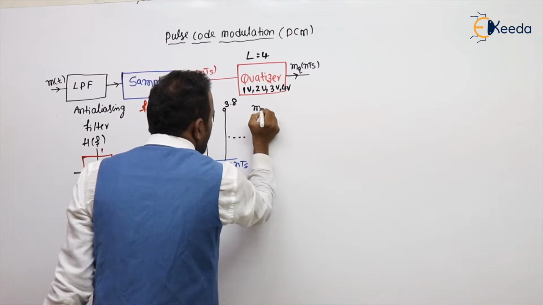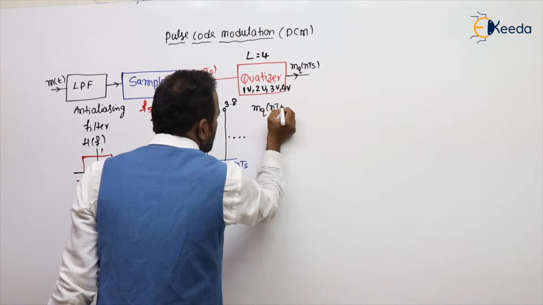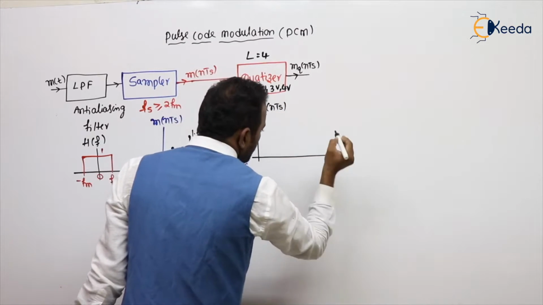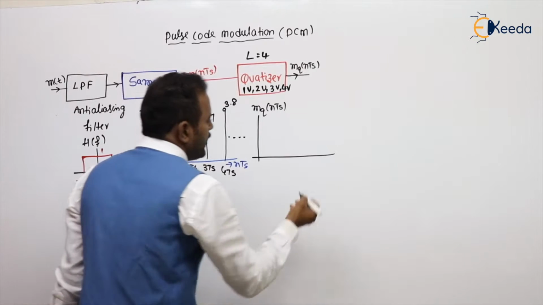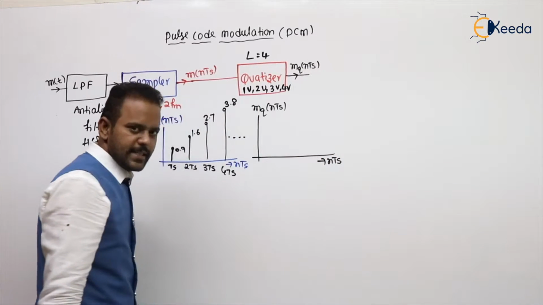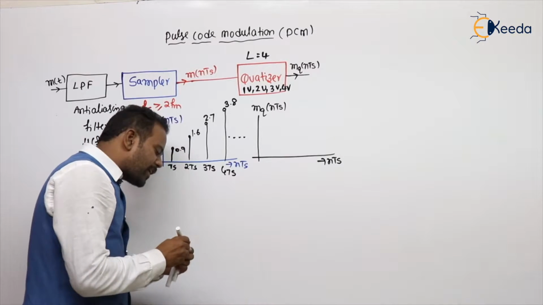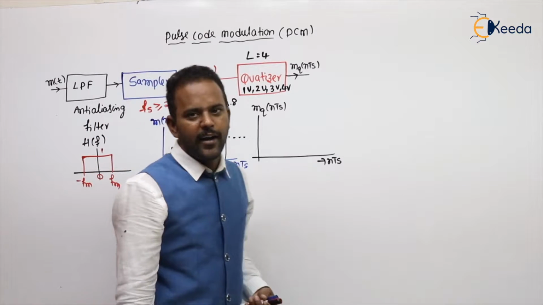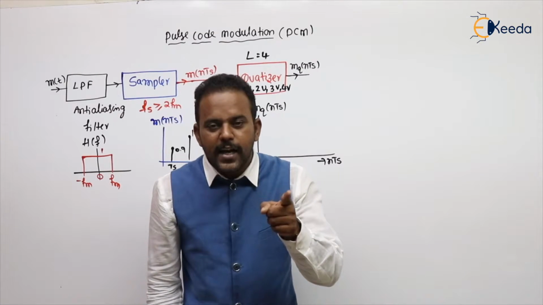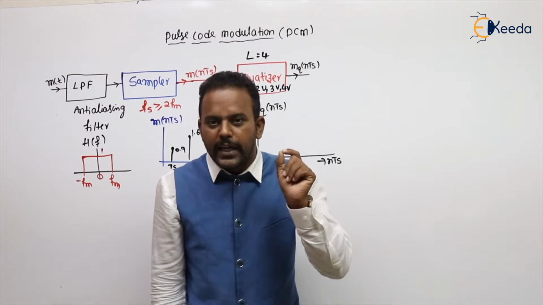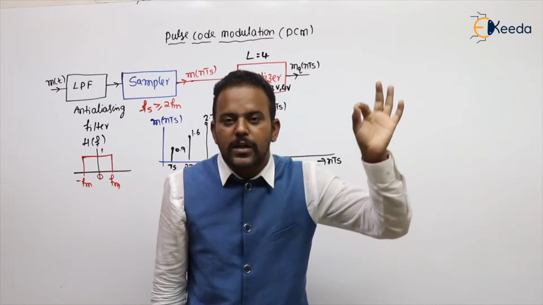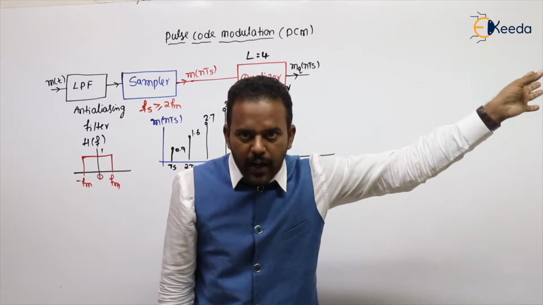So, I am drawing the graph between MQ of NTS versus NTS. What is the work of the quantizer? Quantizer will round off each and every sample value to nearest quantization level.